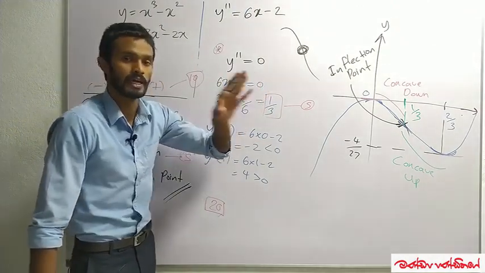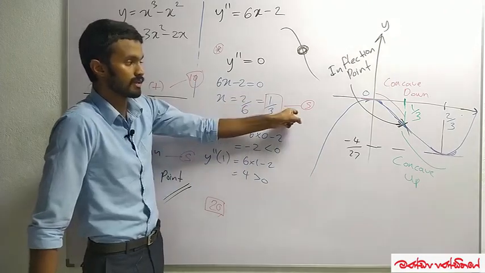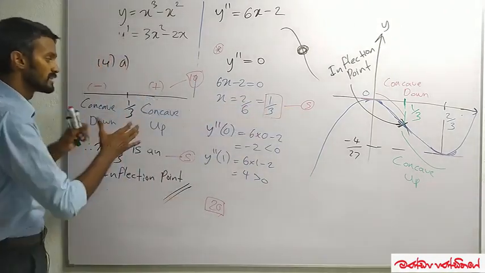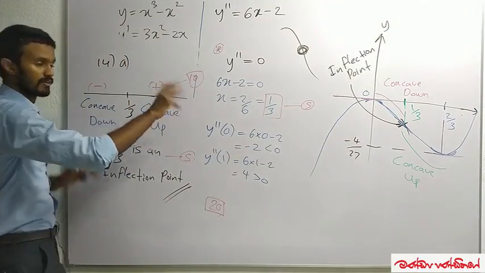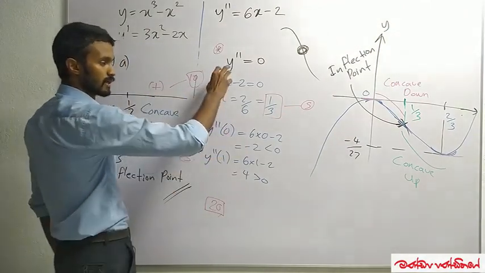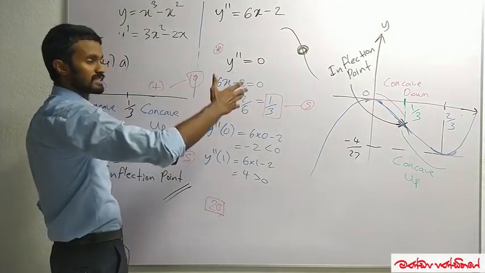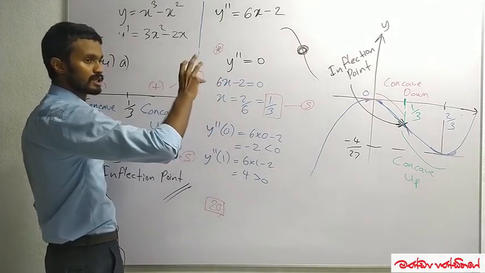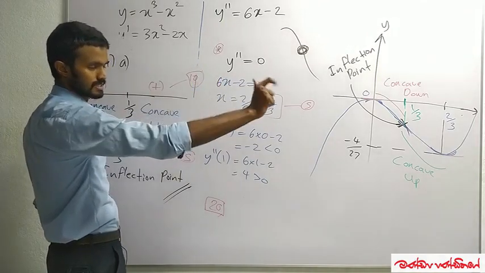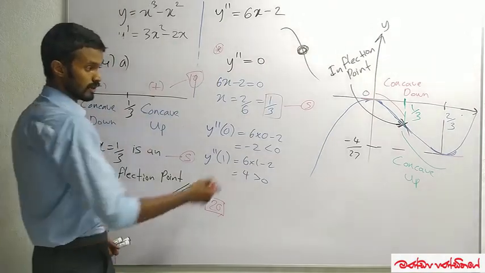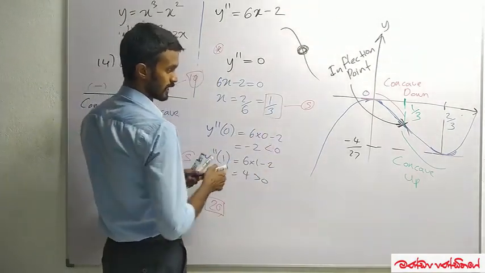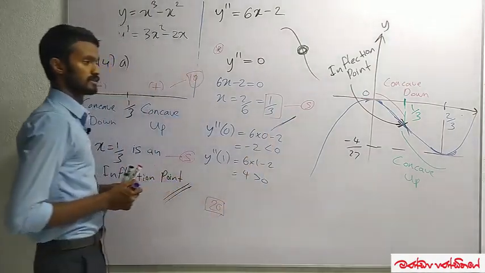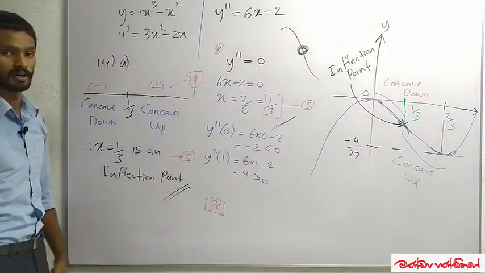For that we get 5 marks. For showing that it is an inflection point, we get the remaining 10 marks. So if any student is taught that an x which makes y double dash equals 0 is an inflection point, that student will find this and stop the answer. He will lose 15 marks.